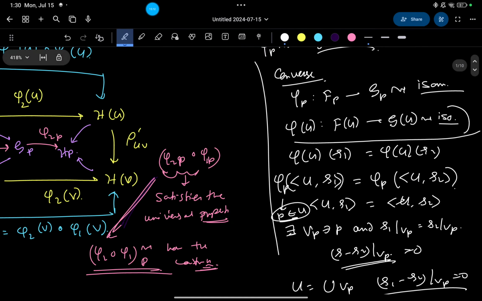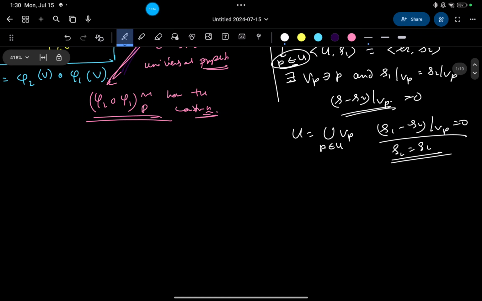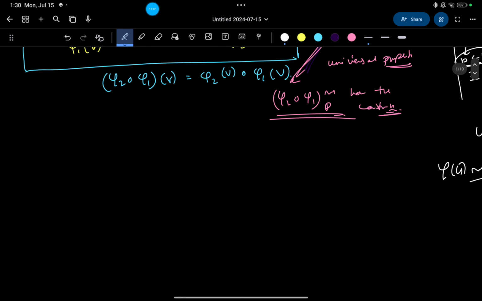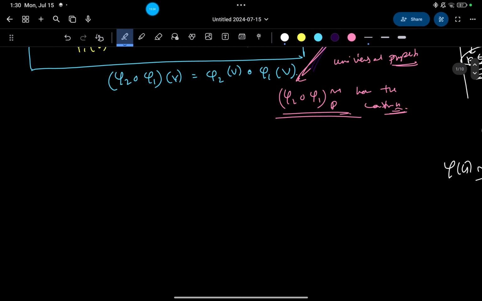Again, surjectivity also just follows from the gluing property. So I take any small t belonging to g of u.